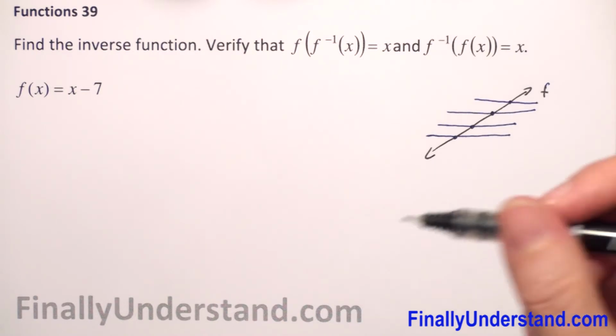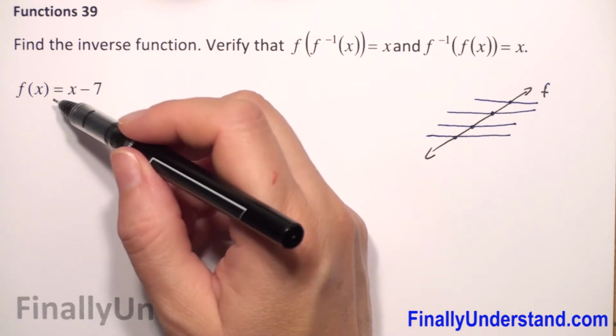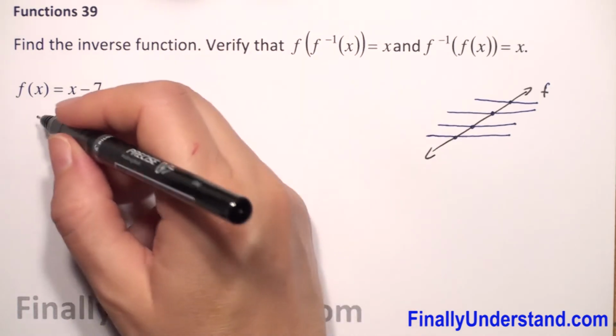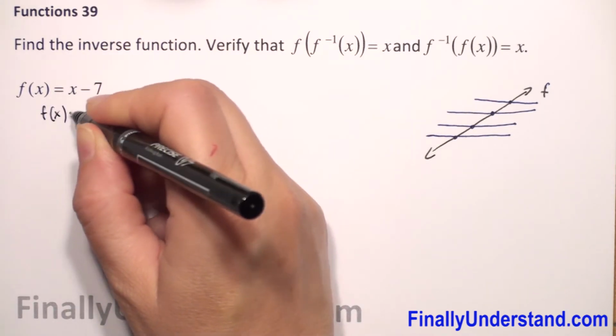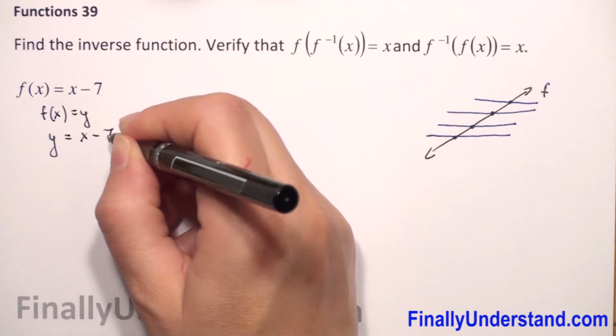And now, to find the inverse function of our f function, first we substitute f of x by y. So we have y is equal to x minus 7.